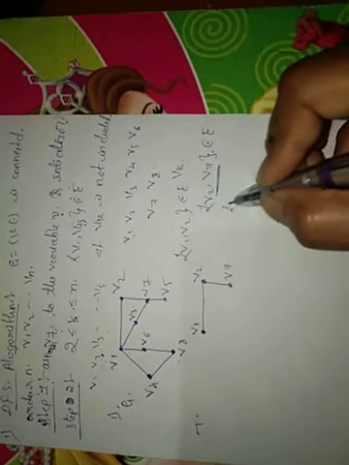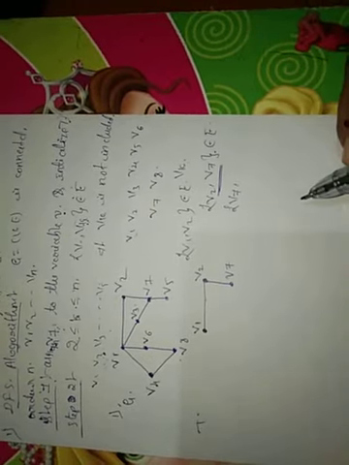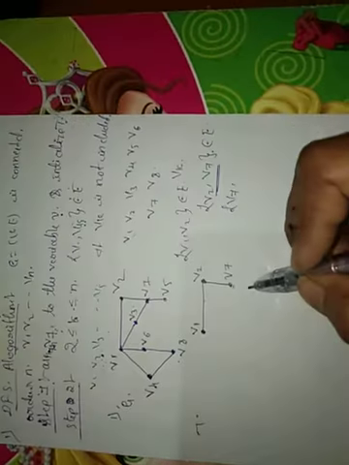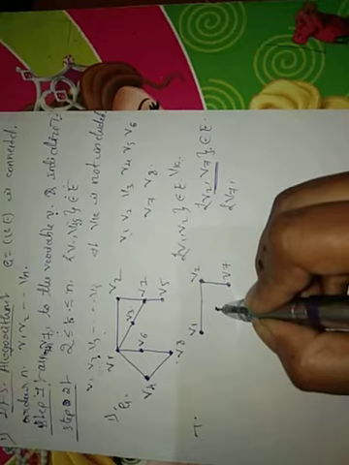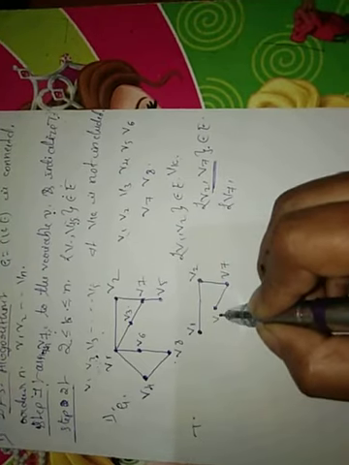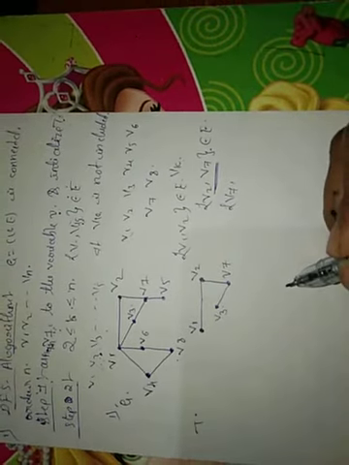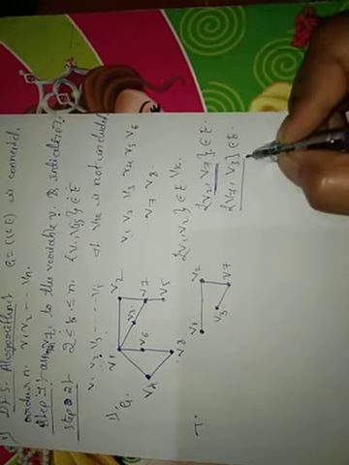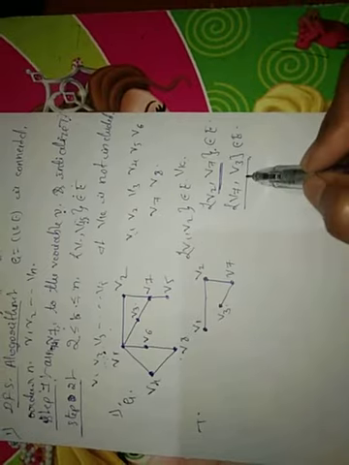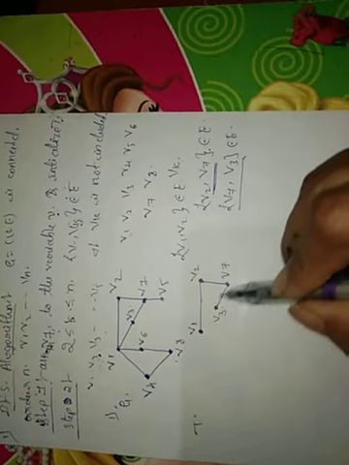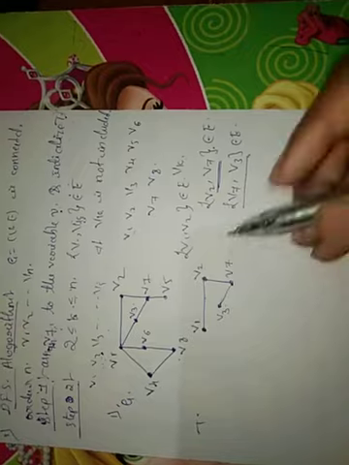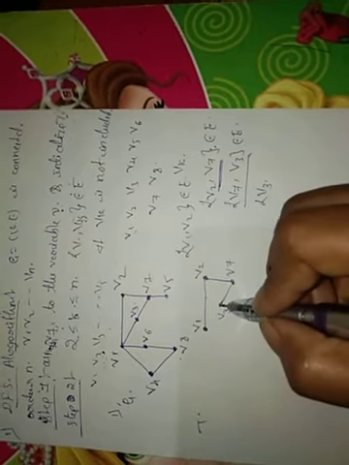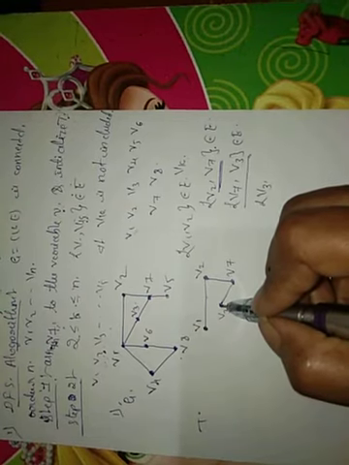Now consider v7 as your root and see the edges attached to the vertex v7, that is v3. So v7, v3 belongs to E, and this edge is not included in the T, so we include that edge here.